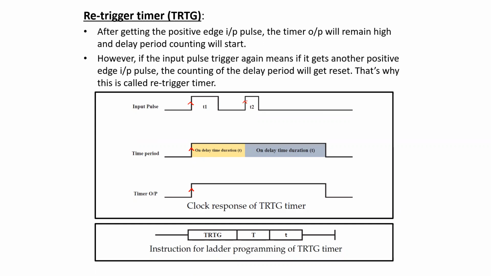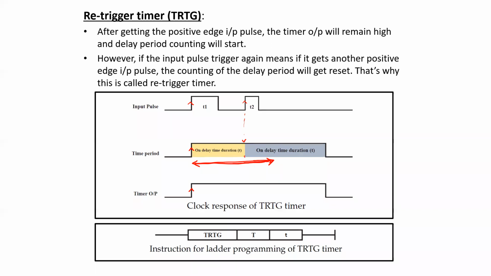In that case, let's say that the user has set a time duration of the delay of this length, as I indicated through the red line over here. Before this duration is over, if there is another pulse at this point, denoted over here as T2, the timer will start its delay count from the beginning again.